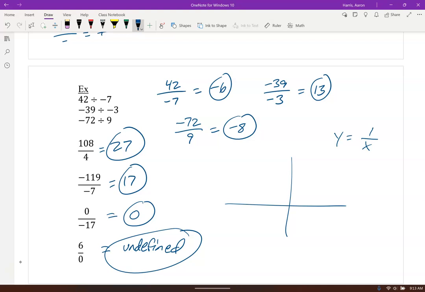And if you're thinking about dividing by a number, let's let x be 1, right? 1 divided by 1 is 1, but let's get closer to 0. I'm going to pick x values that go this way. 1 divided by a half gives us 2. If I pick a third for x, 1 divided by a third gives me 3.